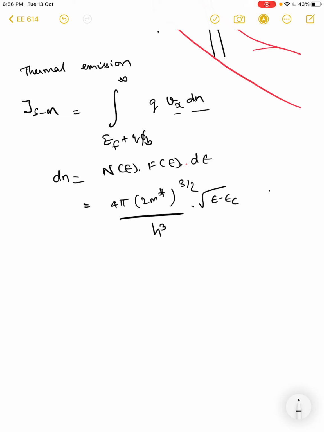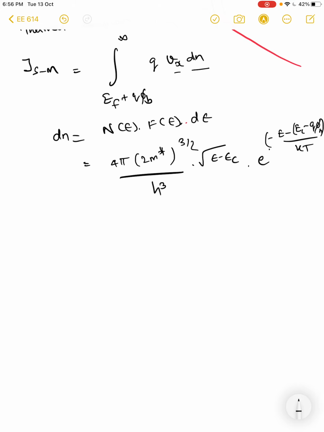We know that the density of states goes as root of E, right? And we are taking a non-degenerate semiconductor, so it is basically e to the power minus (E minus EF) by kT. EF we write as EC minus Q psi n. Remember, Q psi n is the separation between EC and the Fermi level by kT, right?